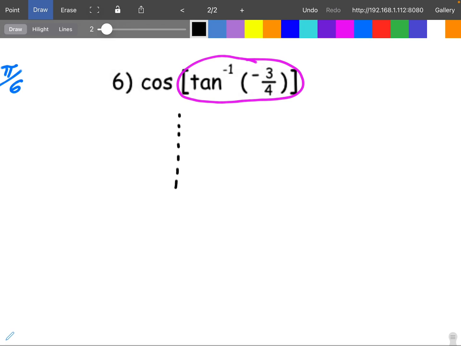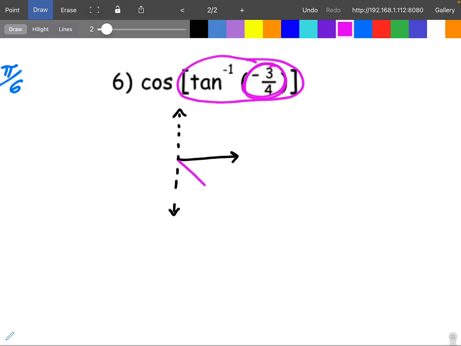So we're going to start first of all with our inverse tangent. We know inverse tangent can only occur in the first and fourth quadrant, and it cannot actually lie on the y-axis. So we know that for that inverse tangent, it is supposed to come out negative.